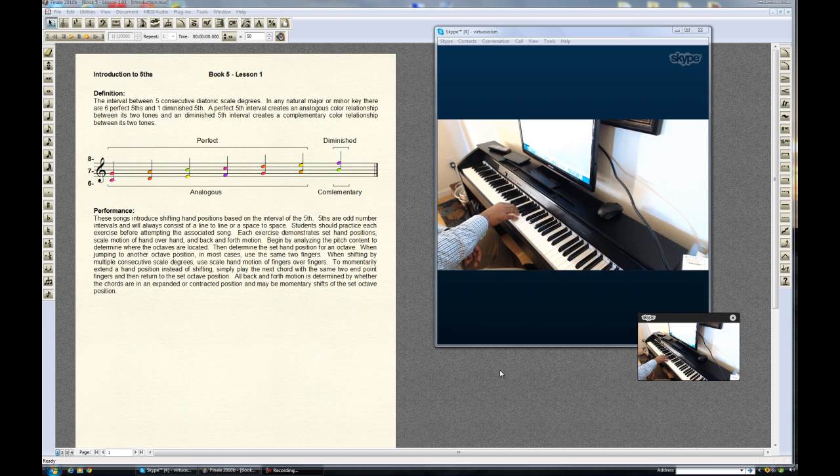And here's the thing. In all of Book 4, your hand positions were all based on fifths. Even though we really didn't talk about it, it's 5 notes of a diatonic scale. So from like red to red orange is a fifth. If we're looking at this page, in a scale, you have 7 fifths. 6 of them are what are called perfect.